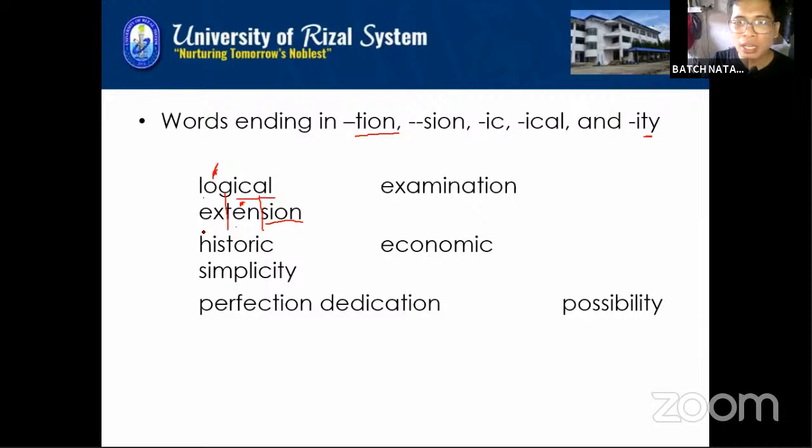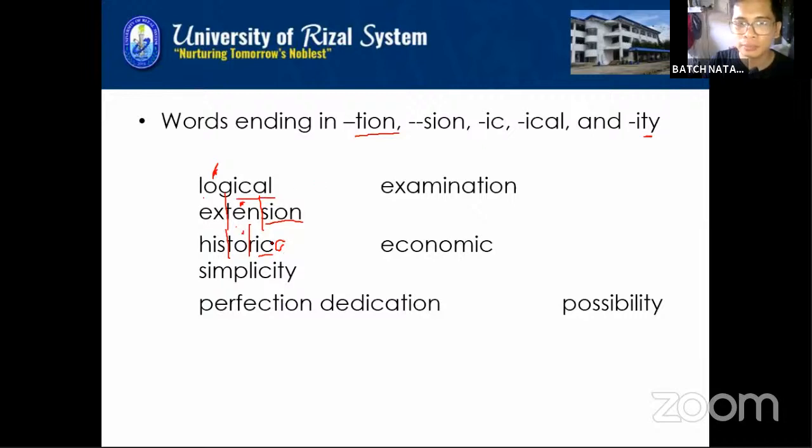Then we have historic. The word ends with the suffix ik, and the syllable preceded by the suffix ik is the syllable tor. So therefore, the stress falls here. So we say historic. If it becomes historical, we say historical, historical.